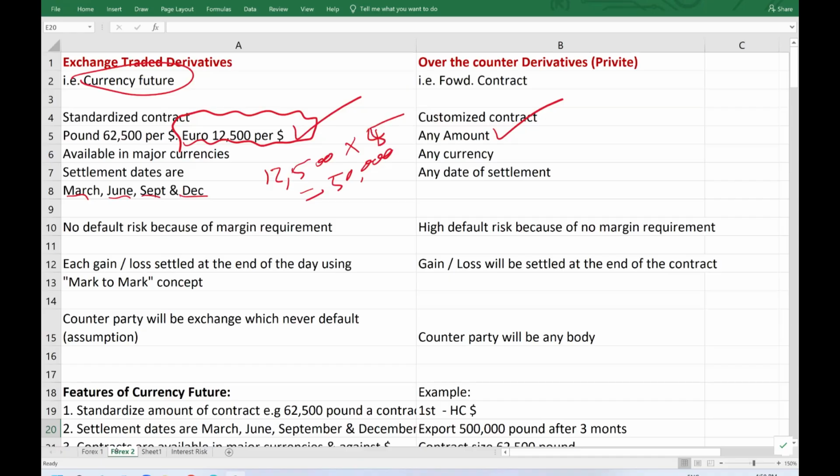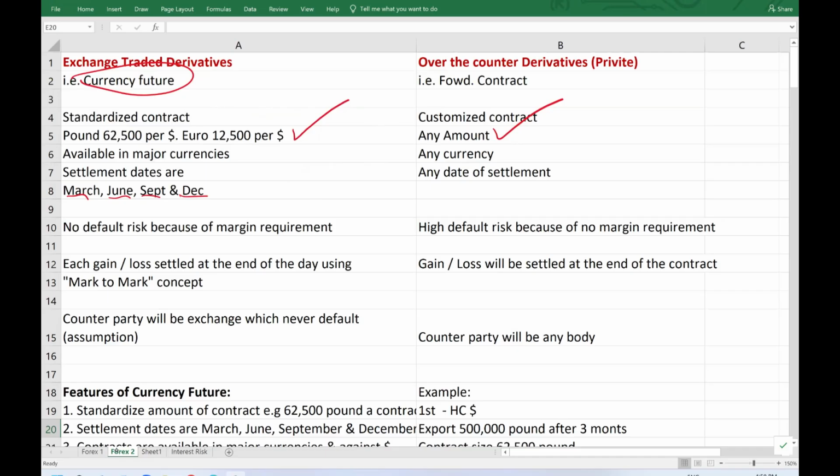So sometimes you cannot exactly match the requirement. The forward is available in any amount, but here we have a standardized contract.